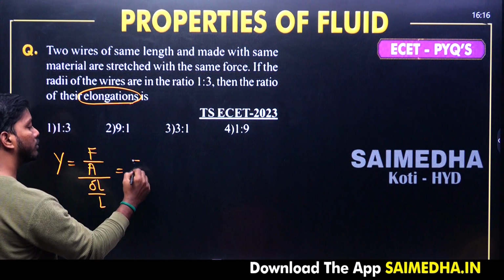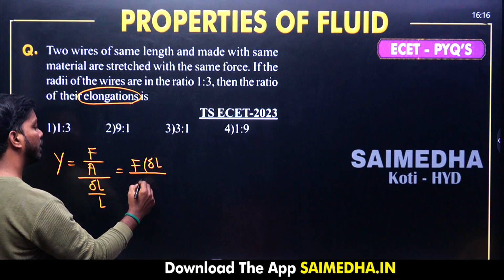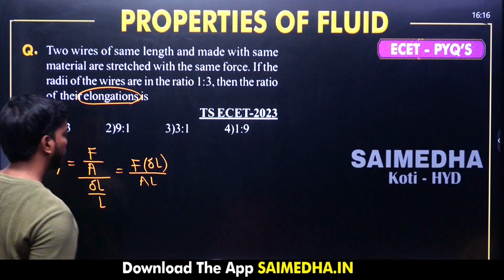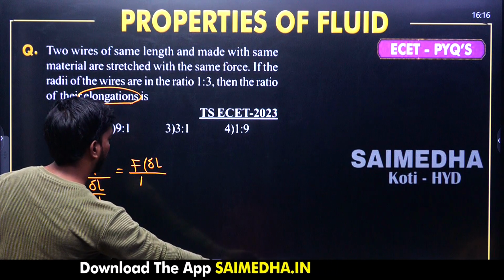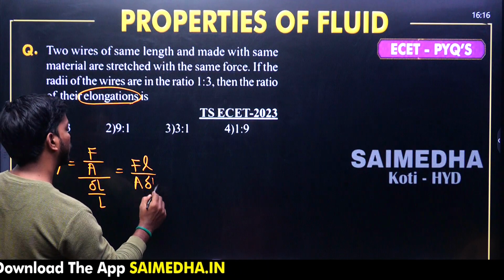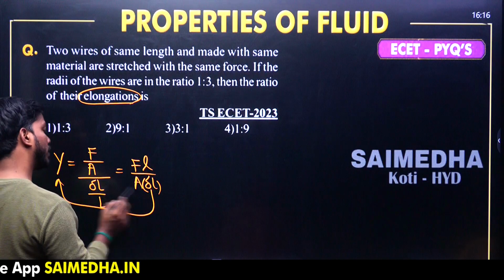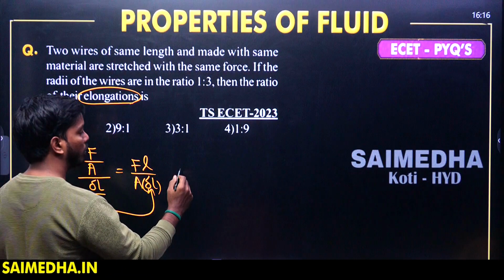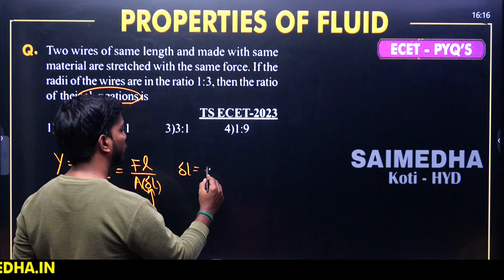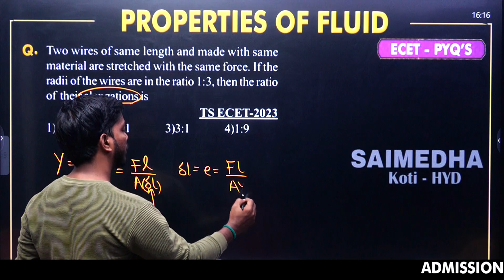If you check this one, it's going to become like this: F into delta L divided by A L. Okay, it's not like this. It's going to become Y = FL divided by A delta L. So change the positions of Young's modulus and delta L. Okay. So what is it going to become? Elongation e, small e, is equal to FL divided by AY.